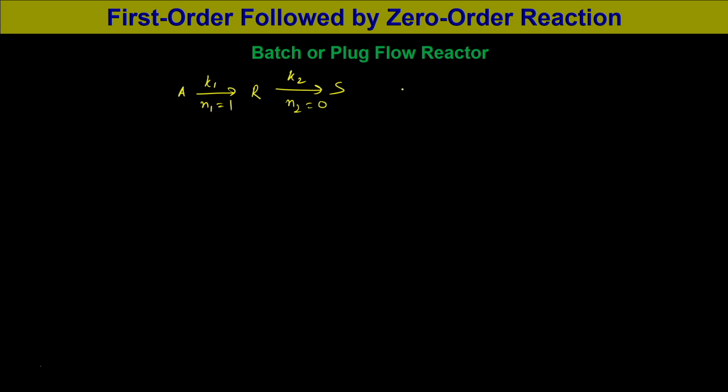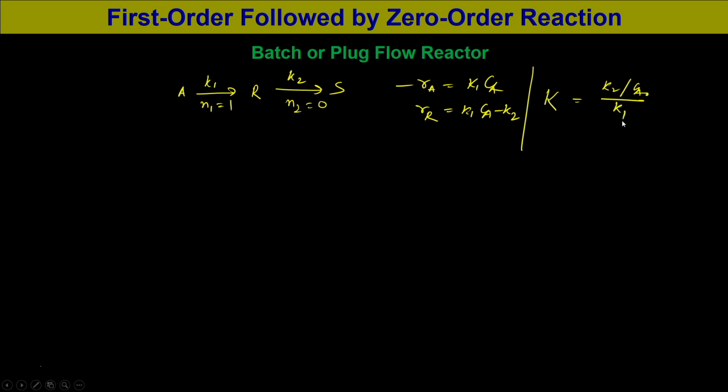So, the rate of reaction minus RA would be K1 CA, and RR would be equal to K1 CA minus K2. So, here capital K is K2 by CA naught by K1.